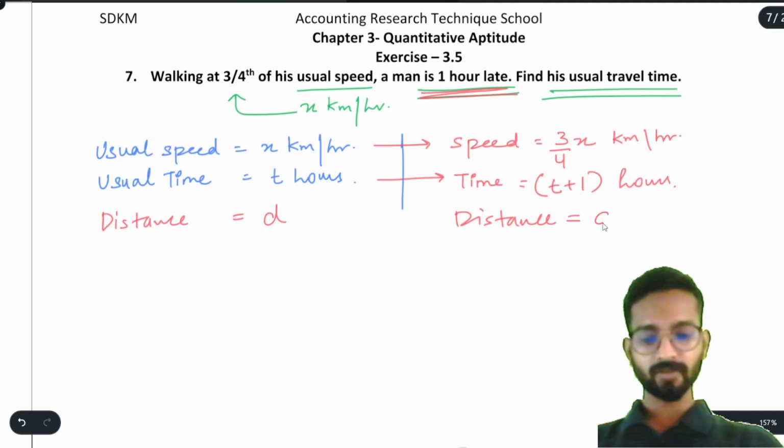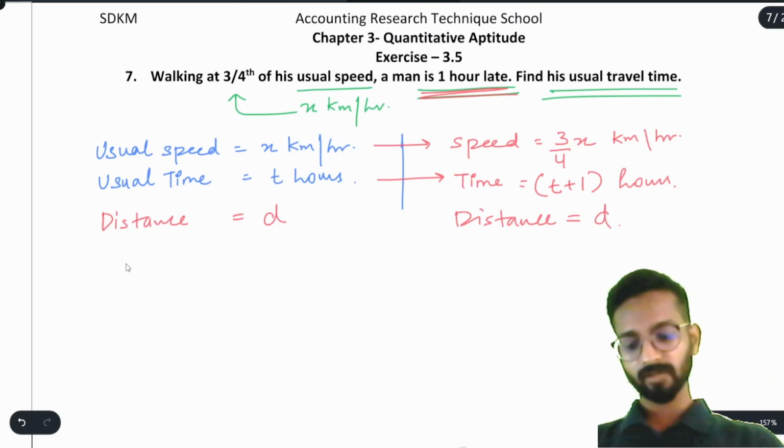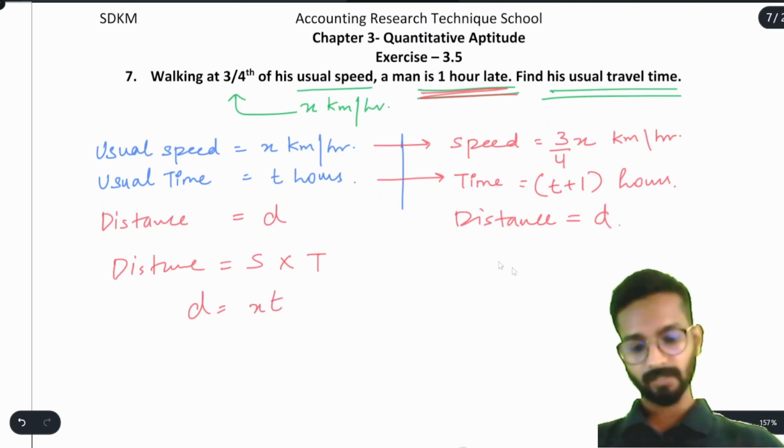Distance traveled is d only. Now, according to the equation, distance is equal to speed into time. So you can say d is equal to xt. Here d is equal to 3 by 4x into t plus 1.